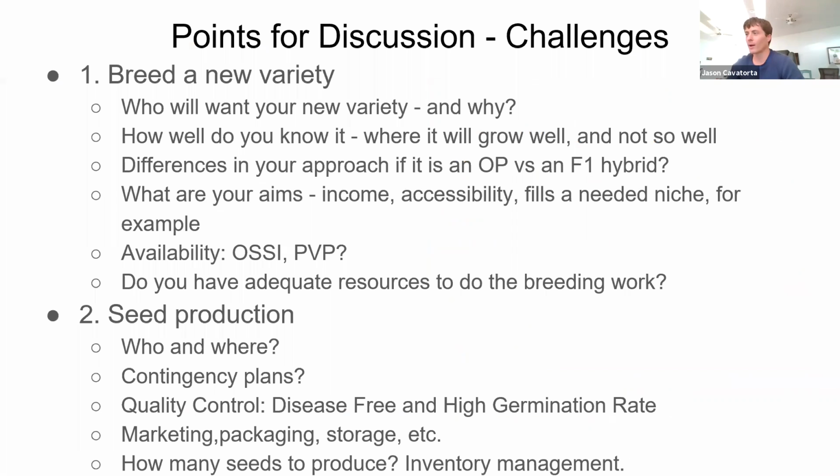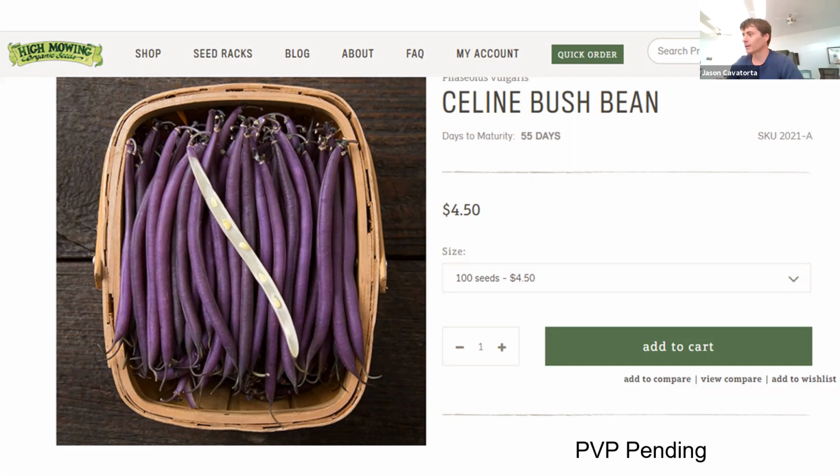Oh, sorry. Could you go back one? I can't see because my toolbars are in the way, but I put on here, this is a PVP pending variety. And we have never released an open pollinated variety before, but all beans are open pollinated. And we decided to apply for a plant variety protection.